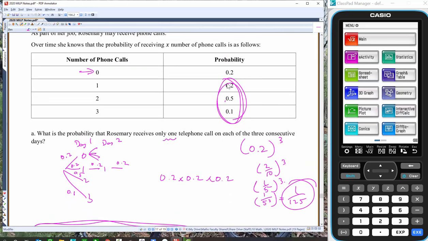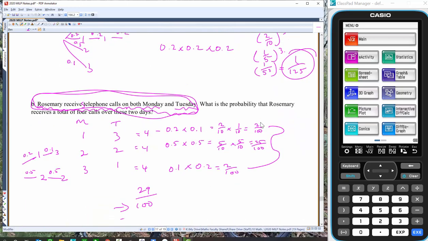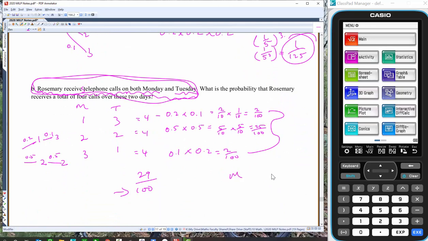So what I'm going to do is work out what the probability is going to be out of. The way I'm going to do that is note that on Monday, the chance of her getting a phone call narrows down to these amounts, which is 0.2, 0.5, and 0.1. That's 0.8 in total. So on Monday and Tuesday, we've got 0.8 and 0.8, which is 8 out of 10 times 8 out of 10, which is equal to 64 out of 100. Instead of leaving it like this, we've got to shrink our sample space, because this is conditional probability.